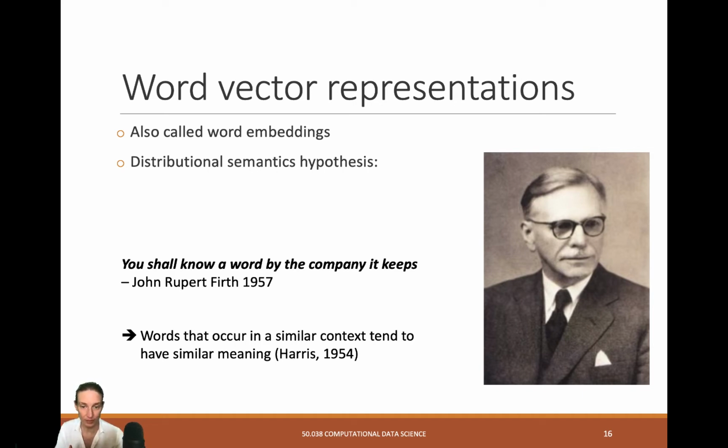Words that occur in a similar context tend to have a similar meaning. This was formulated actually by Harris already. So word embeddings leverage this distributional semantics hypothesis basically by saying that if words occur in a similar context, they probably have a similar meaning.